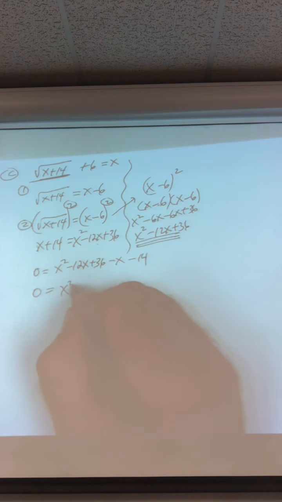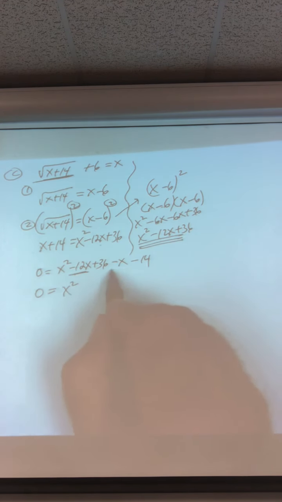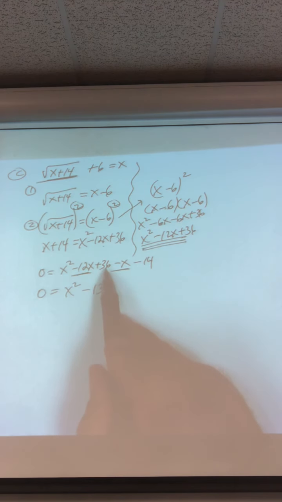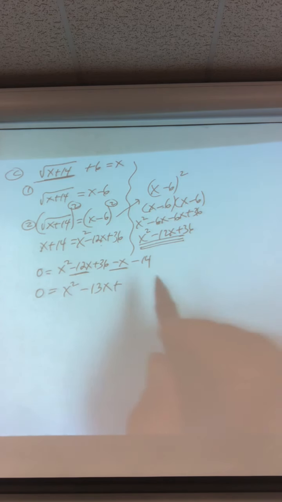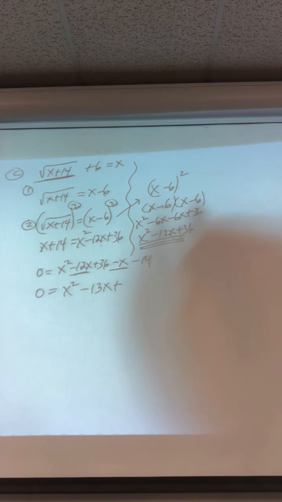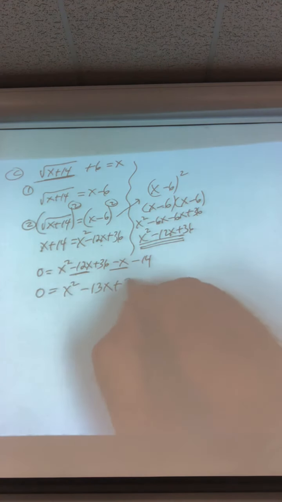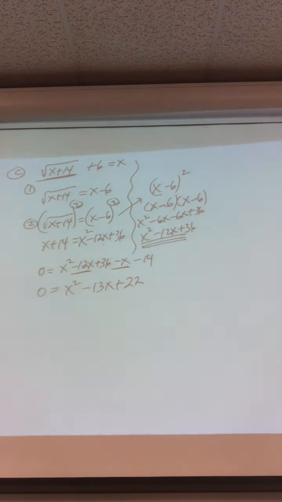Now collect my like terms. Minus 12x minus x is minus 13x. And then 36 minus 14 plus 22.